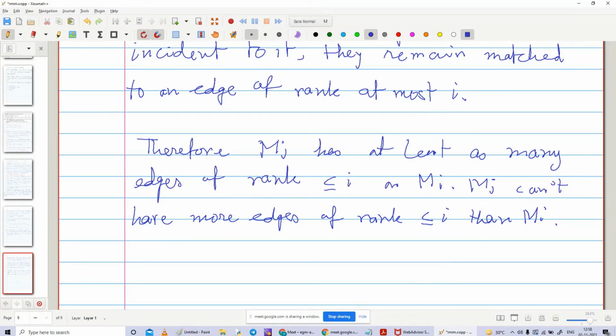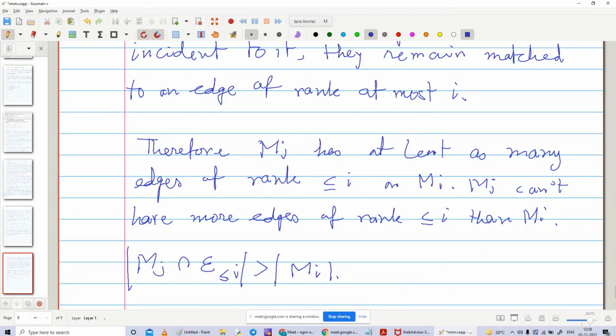Because if Mj has more edges of rank less than or equal to I than Mi, then we can just take the matching Mj intersected with rank less than or equal to I. This particular set of edges will have more edges than Mi.